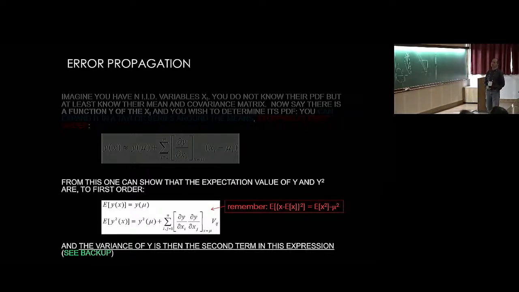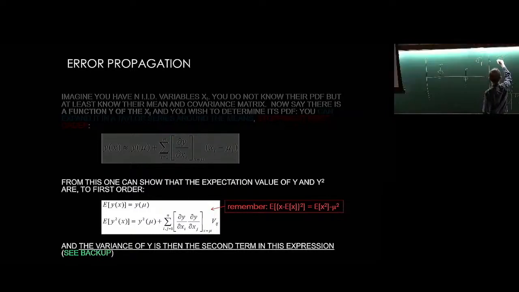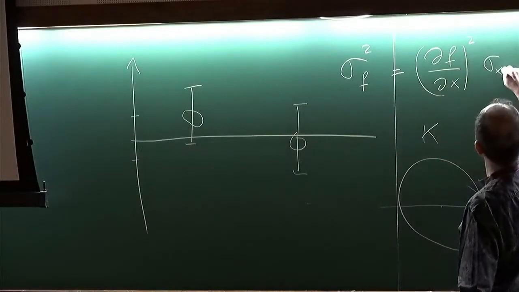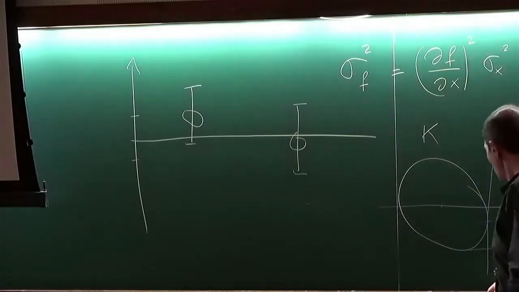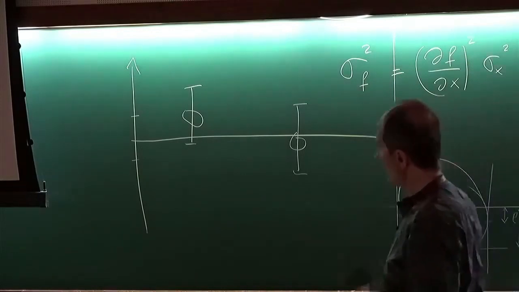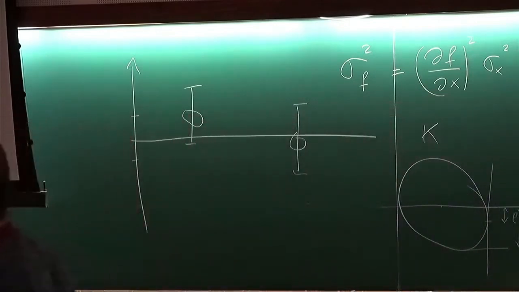And that is what we do basically without thinking when we propagate uncertainties and sum up sigmas in quadrature, and we use the typical formula where, for instance, you want the variance on some function, and you take the derivative of the function times the variance of the variable, right? And you can do this for any terms, depending on how much f depends on x. So this kind of formula derives from this.